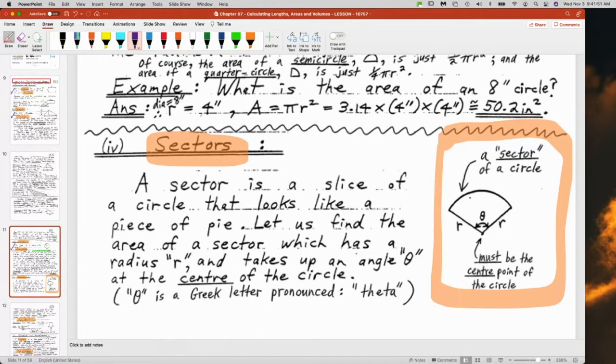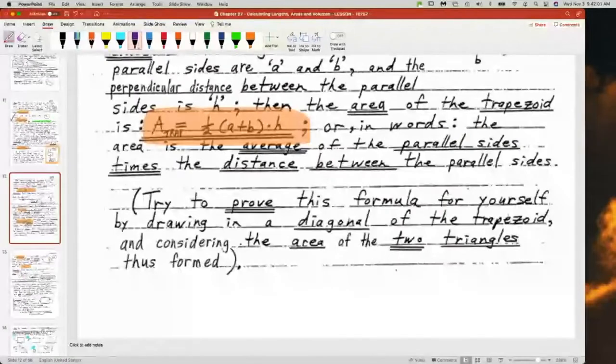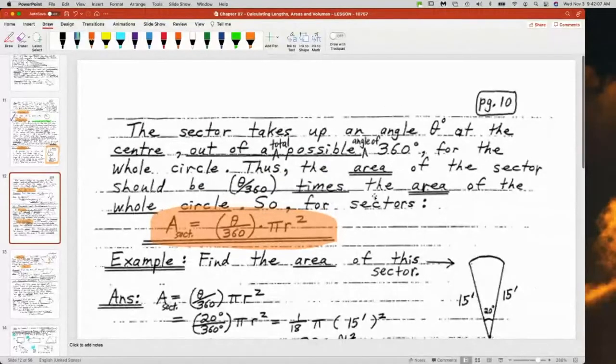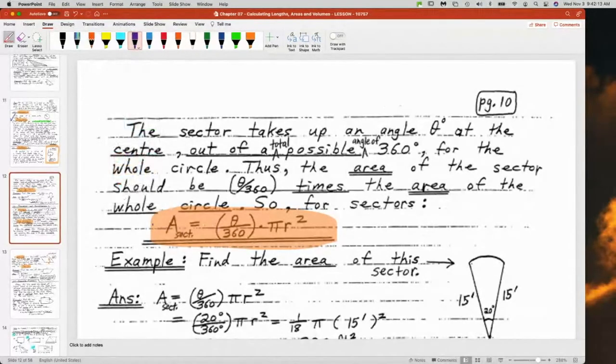The formula for the sector of a circle, if you know the angle in between, in degrees for example, then the area of a sector is given by this formula. Where did it go? Right here. This formula is really important, okay?